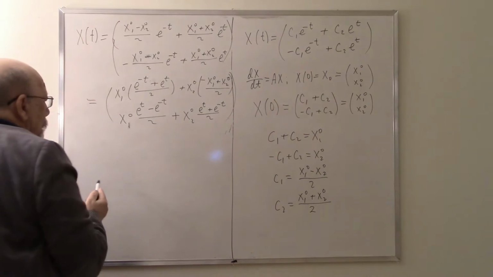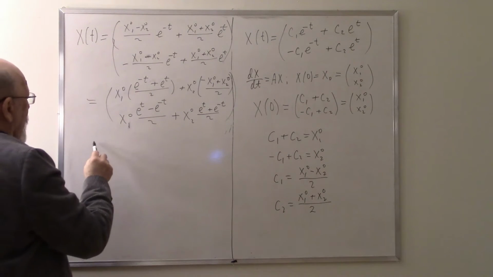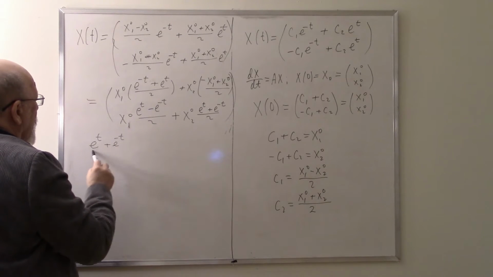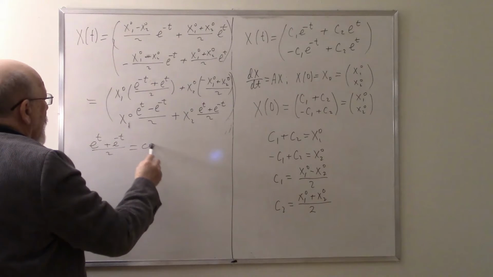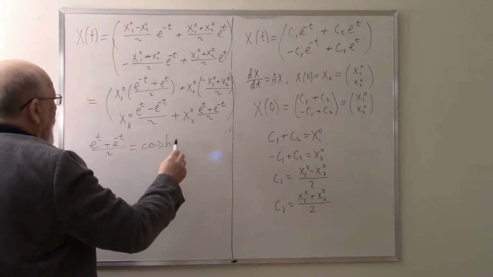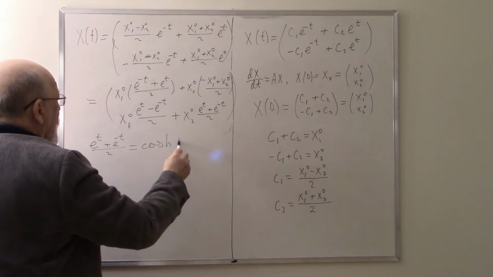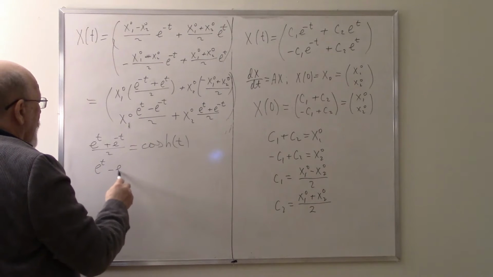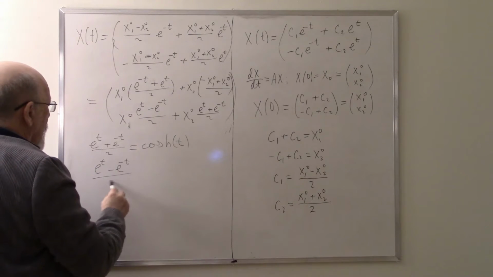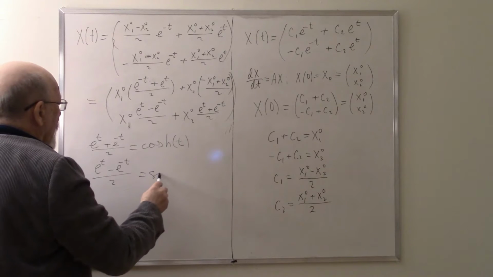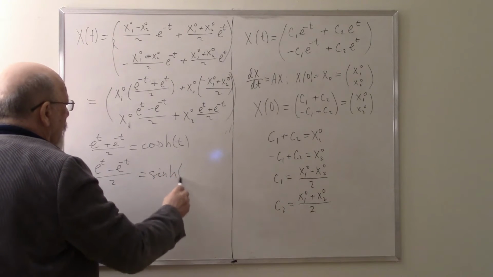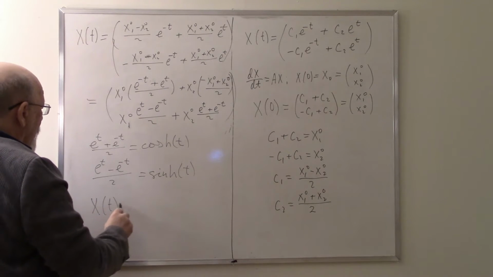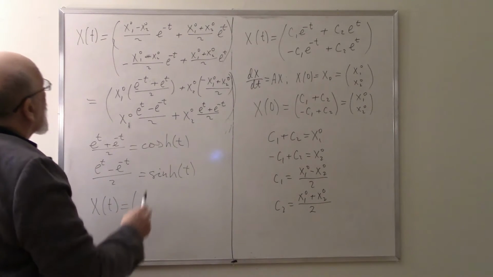And if you recall the notation, e to the t plus e to the minus t divided by 2 equals hyperbolic cosine of t, and e to the t minus e to the minus t divided by 2 is hyperbolic sine of t, we have that x of t equals the following.